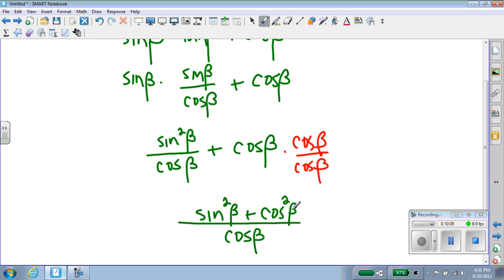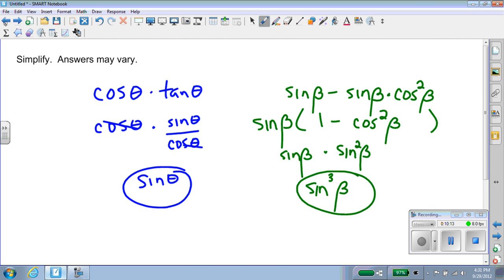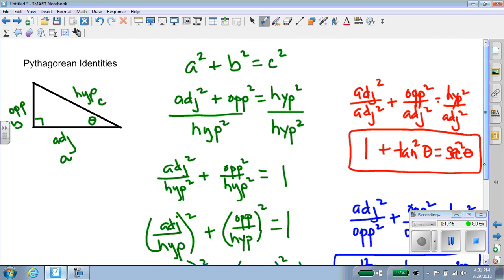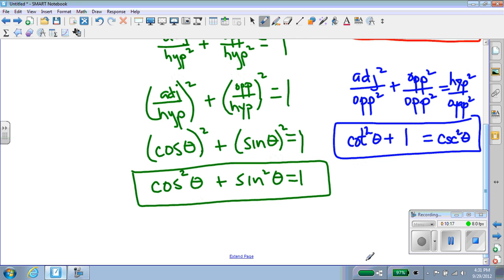Hey, hey, that looks like a piece of a Pythagorean identity. Sine squared beta plus cosine squared beta. Let's go take a look. Cosine squared theta plus sine squared theta is 1.